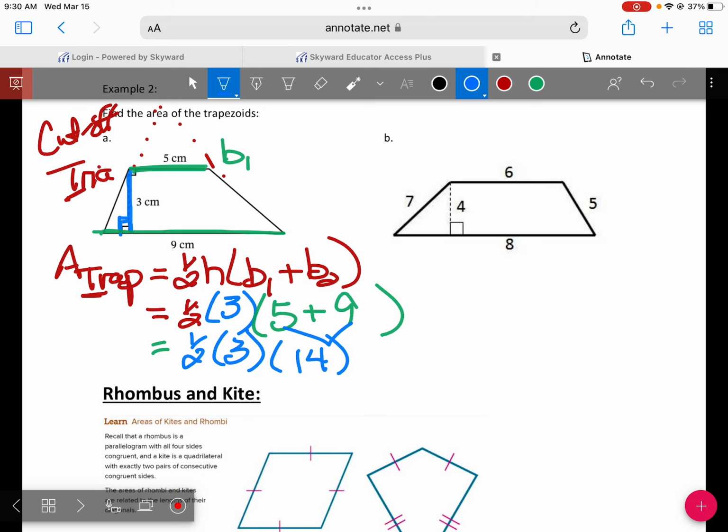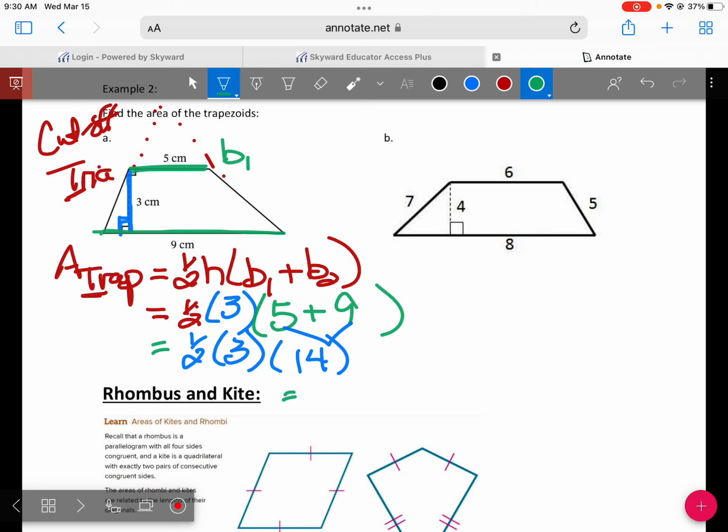Usually we multiply from left to right, but when all you're doing is multiplying, you can change the order.